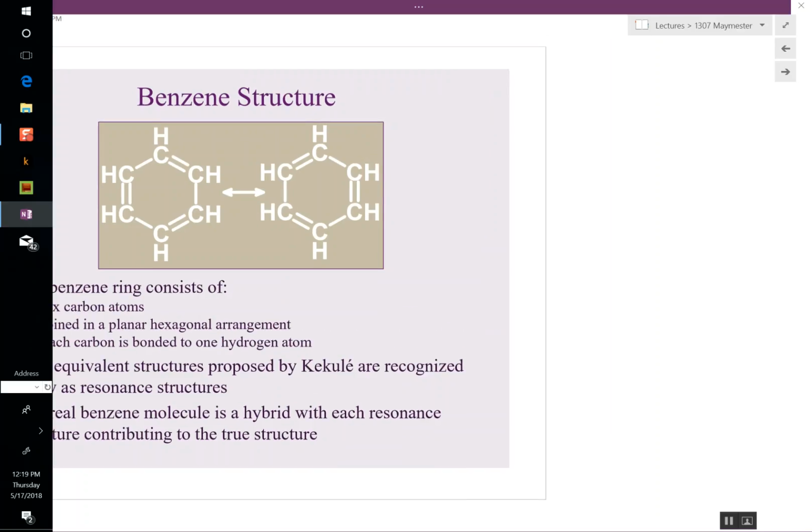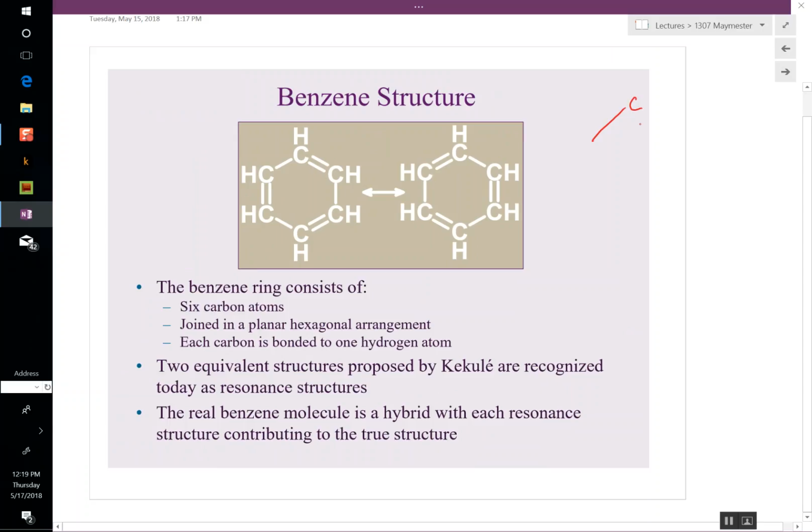What the reality is, this. We're not going to draw it this way. The reality is that, let's pretend we're working off of this one, that double bond there is delocalized around those two. This double bond is delocalized around those two.